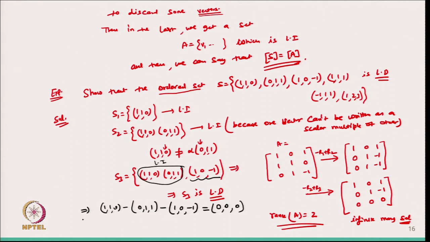So, it becomes 0. So, from here you can say that the third element, 1 0 minus 1, can be written as 1 1 0 minus 0 1 1. So, I can say that the third vector can be written as a linear combination of the previous two.